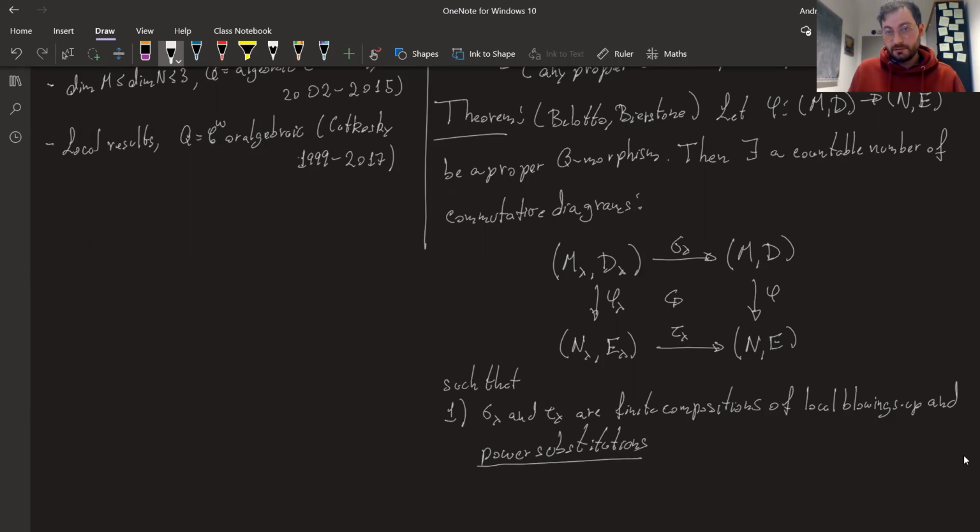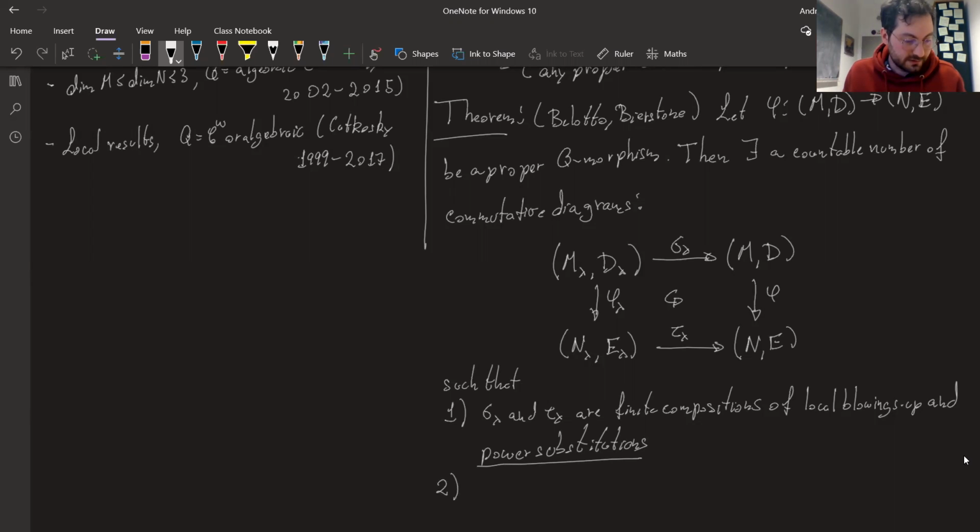So I haven't yet defined what power substitutions are for us, and I'm going to do it later on when we arrive at the moment where this is necessary. So the plan is to give examples and to see why this actually is going to be necessary in the general quasianalytic case.